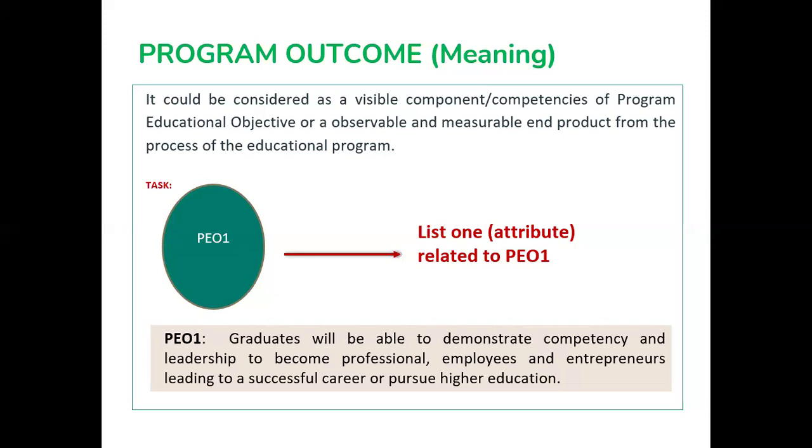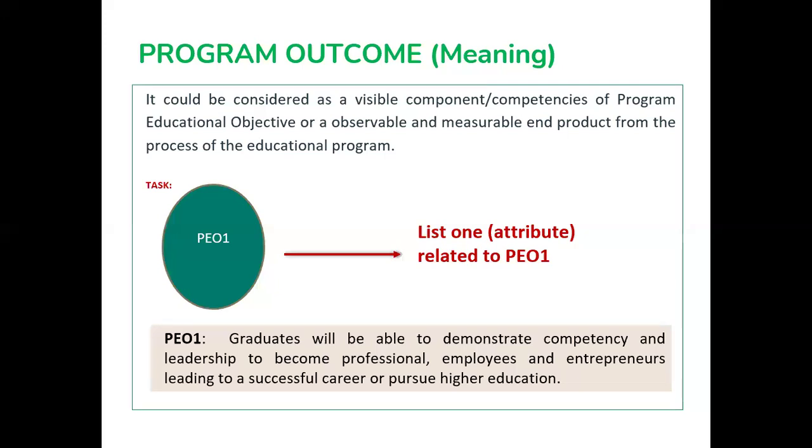Then, if they want to become a professional, what are the graduate attributes they should acquire? Or if they want to be entrepreneurs, again, what are the graduate attributes they have to acquire?